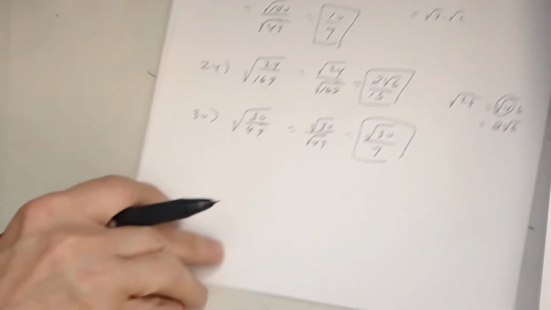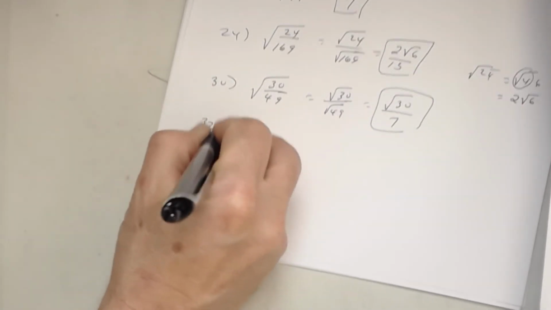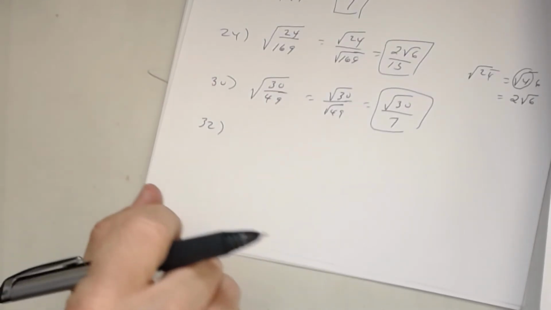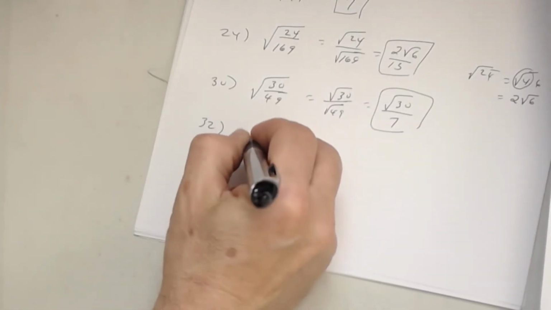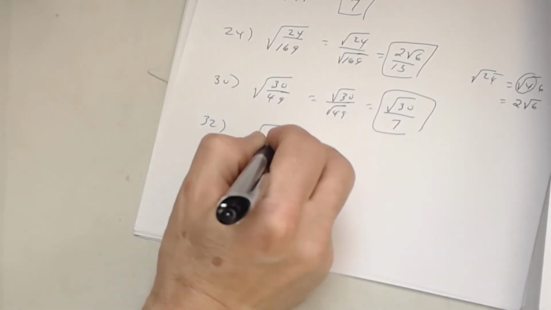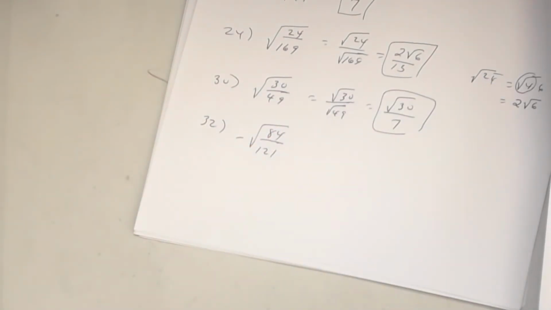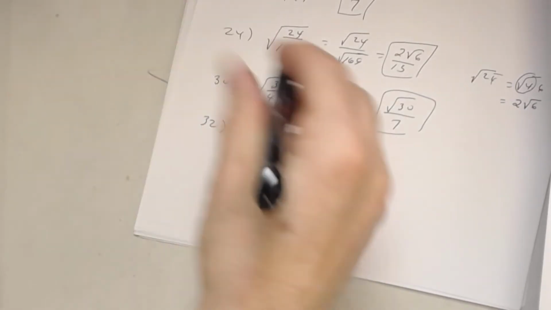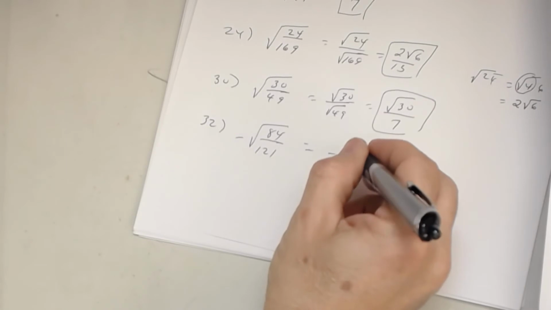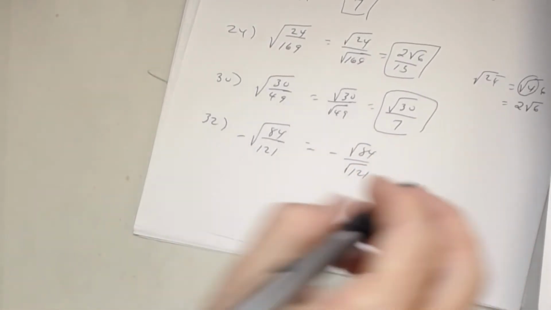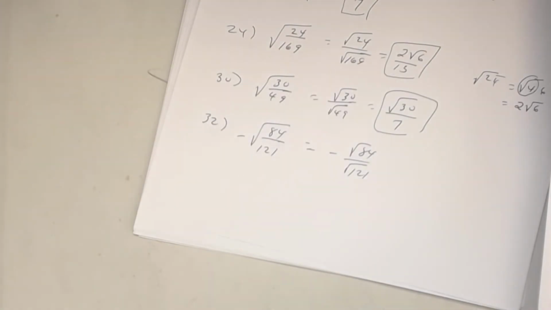Number 32. You have negative square root of 84 divided by 121. Break it down first. So that's going to be negative square root of 84 divided by the square root of 121. All right, now let's talk about the numerator. Is there a perfect square besides one that goes into 84?